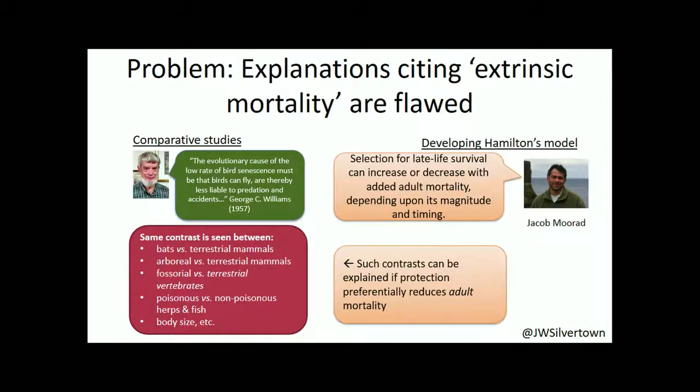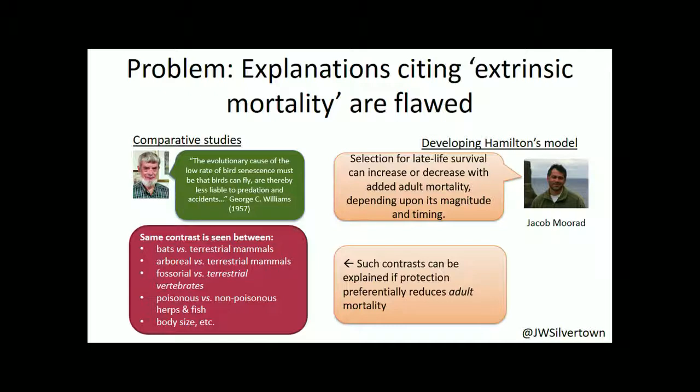So the quick answer is, and this is sort of a cop-out, and this is where I also subscribe to the post-math era, after the party last night, that if you add in selection for late life survival into Hamilton's formula, so if you look at the effect of extrinsic mortality on the Hamilton formula, you can actually come up with any prediction you like depending on where the mortality is applied.